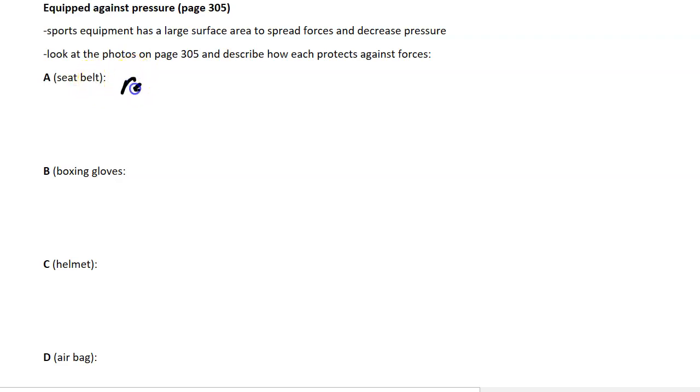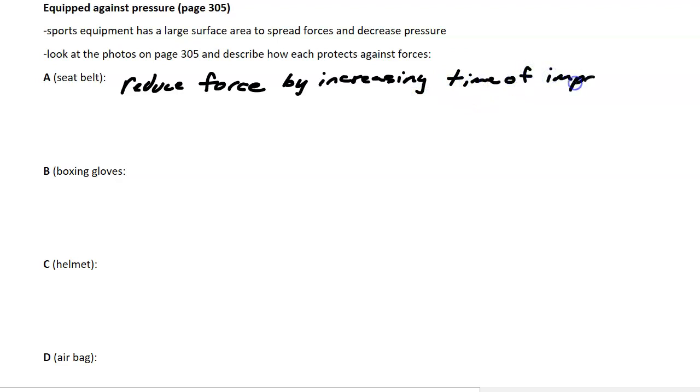A seatbelt is going to reduce the force by increasing the time of impact, so that you're going to experience that impact over a longer time. The more time you take a blow, the less force you're going to actually experience upon that object.